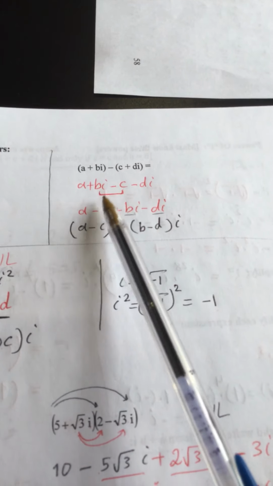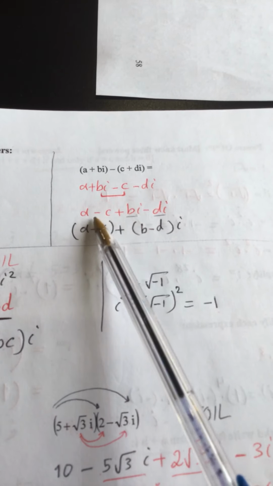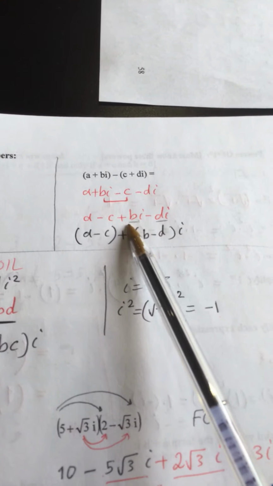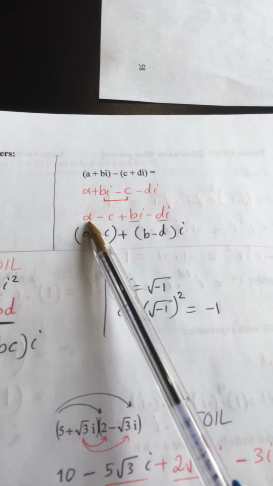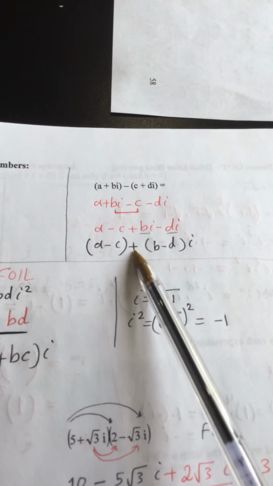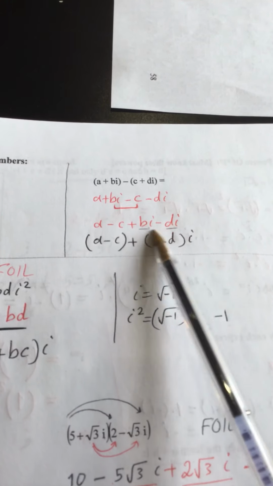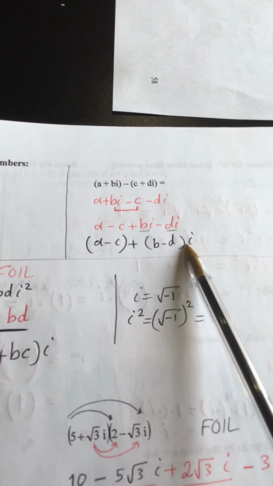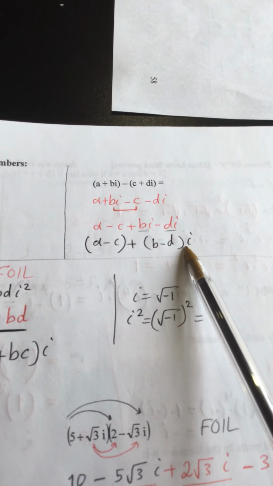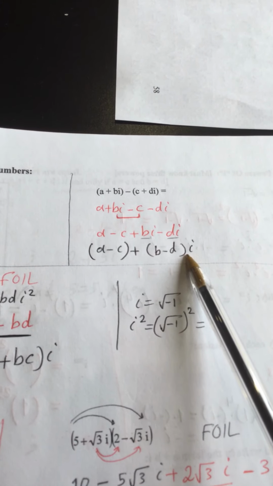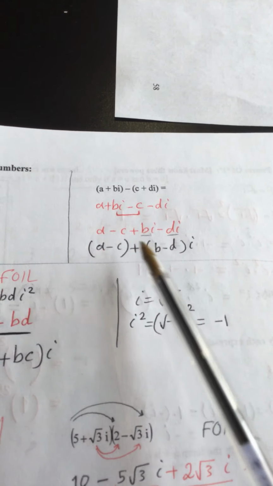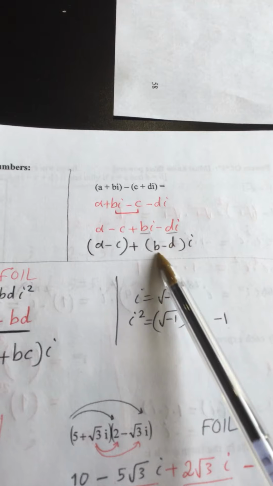So bi minus c, we can rewrite like negative c plus bi by the commutative property. Then combine like terms. So a minus c is the real part, plus factor out i between these two terms, so we get b minus d times i, which is also a complex number. So the real part here is a minus c, the imaginary part is b minus d.